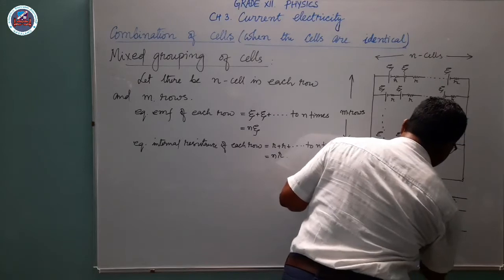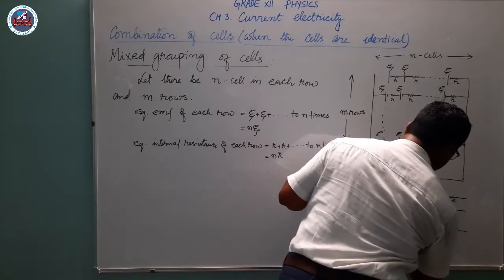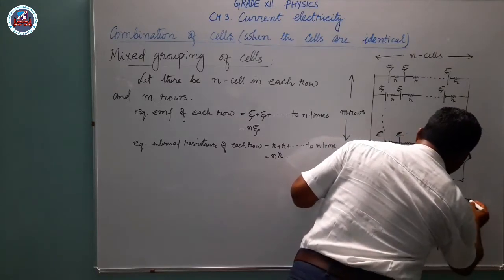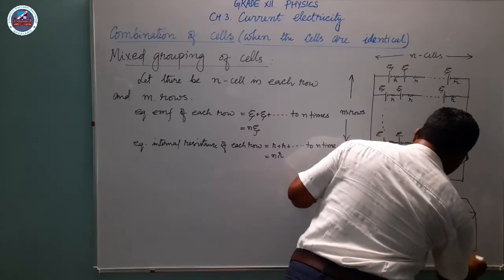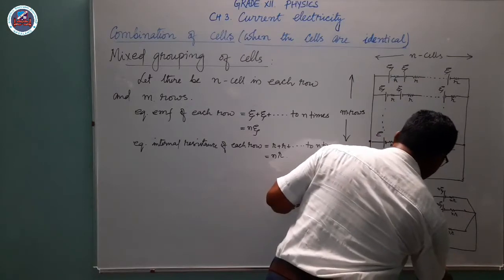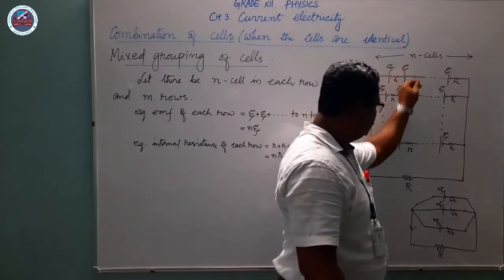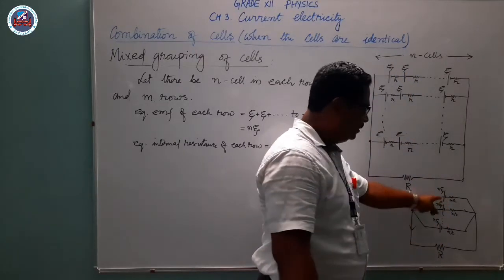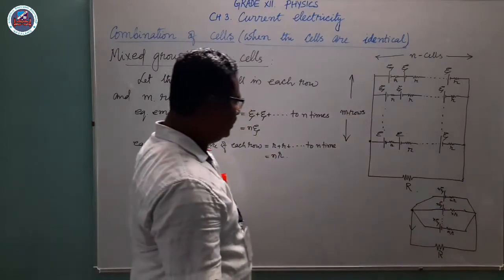This way you think, as they are connected in parallel. This is the external resistance, capital R. Like this. Current is flowing this way. So now, after grouping them together, it is connected in parallel.